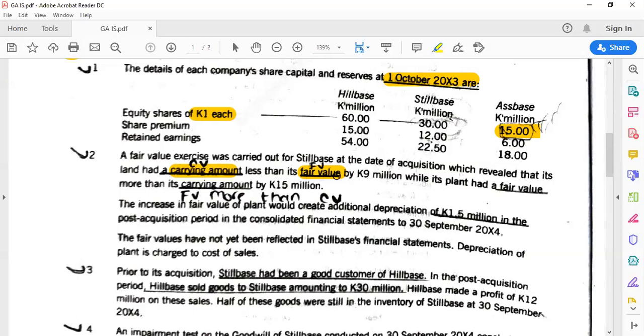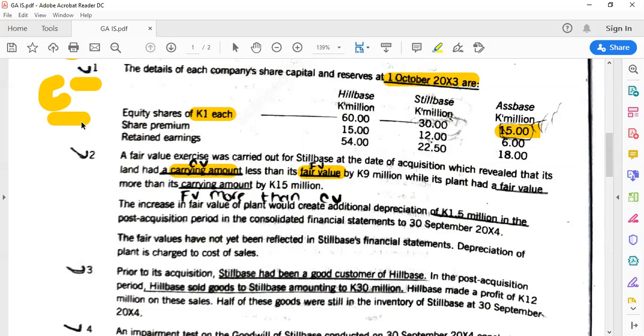When does impairment happen? Impairment is when the asset has lost some value, not when the asset has gained some value. Impairment, we said, is when the carrying amount of an asset in your books is higher than what it is worth.